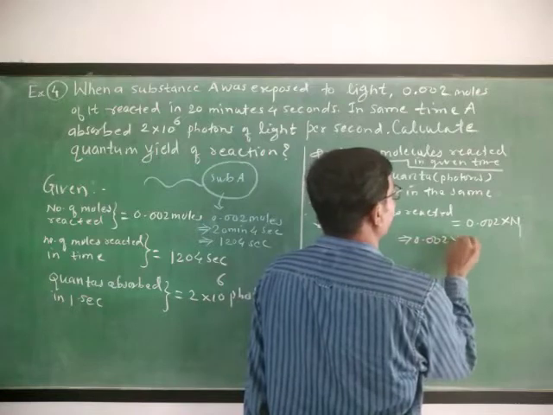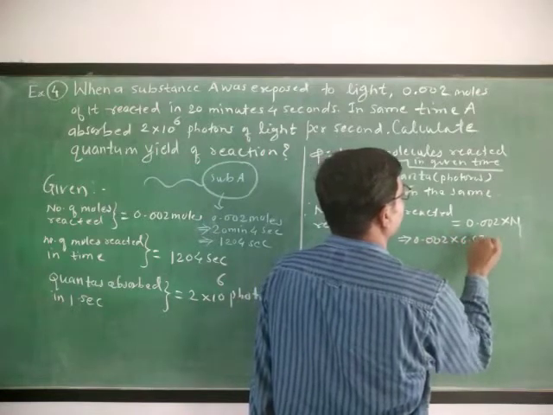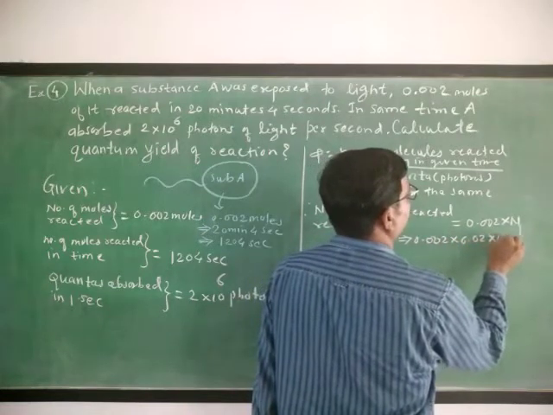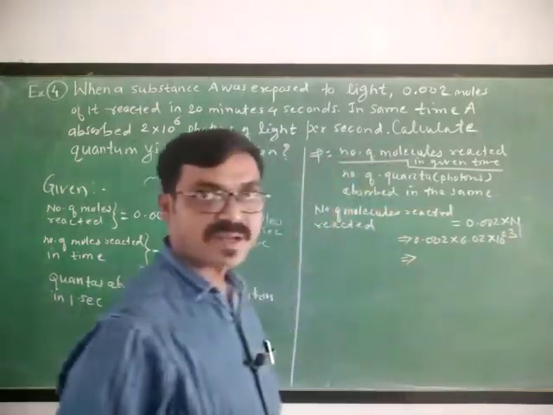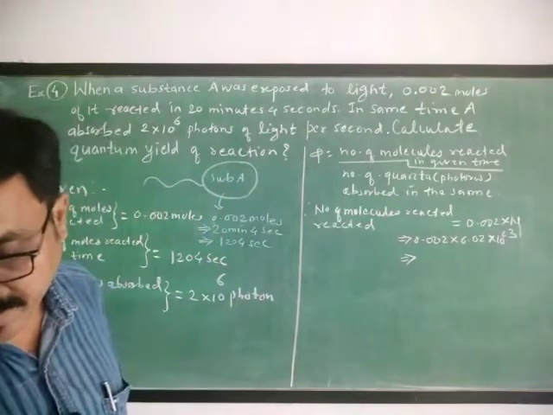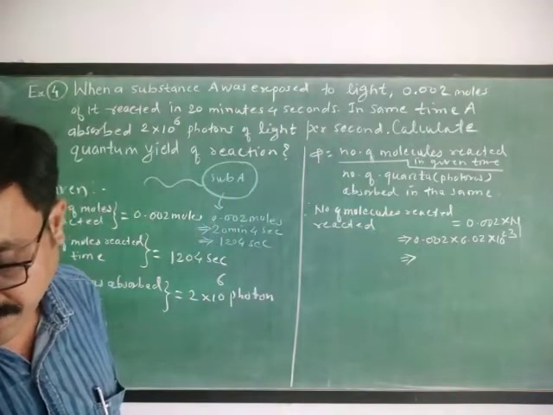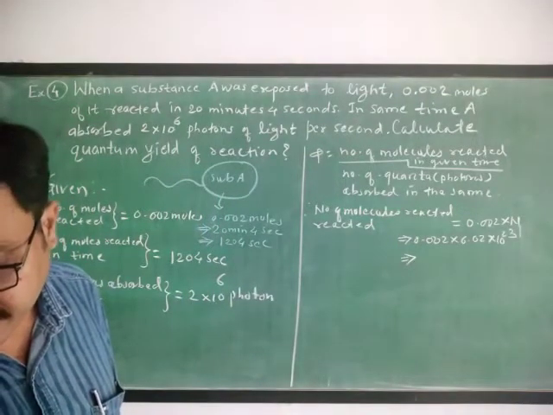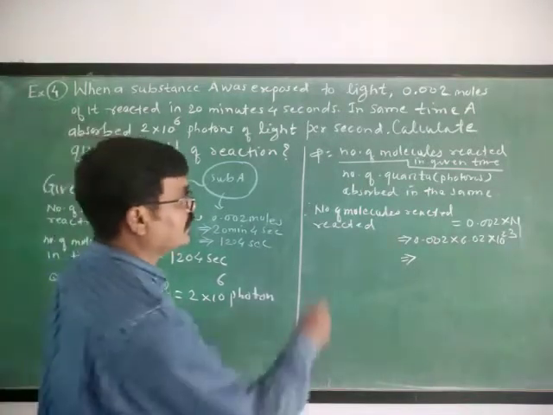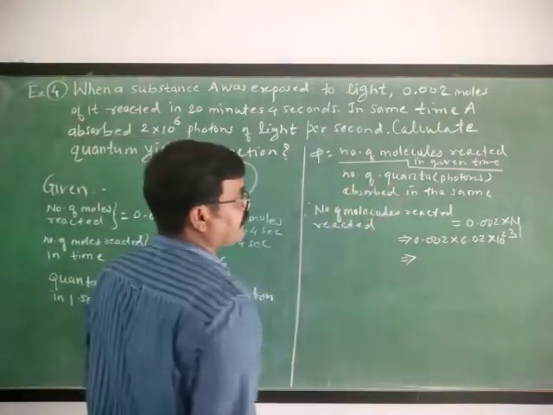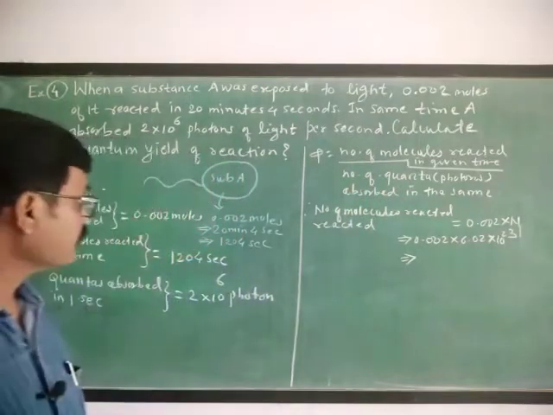That's why 0.002 into 6.023 into 10 raised to power 23 molecules. After multiplying this you will get the number of molecules reacting, and after this you have to find out the denominator, number of quantas absorbed in the same time.